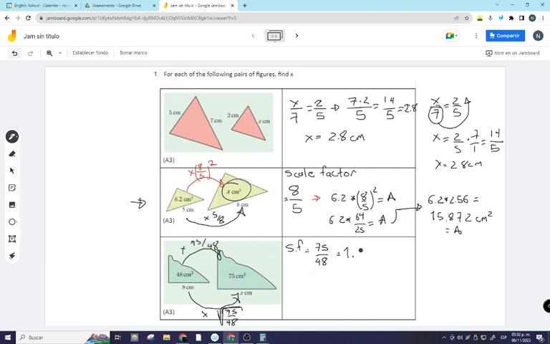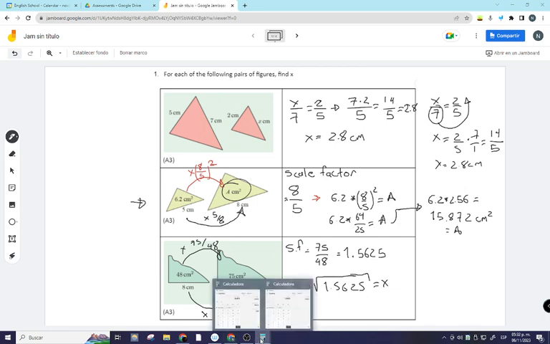Then we need the square root of that, and that will be 8 multiplied by the square root of 1.5625, which should be x.